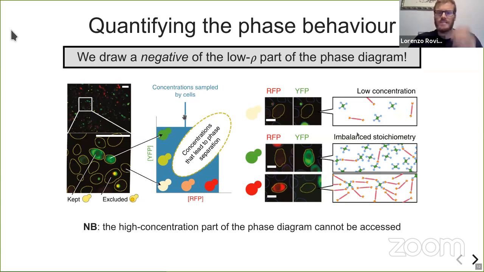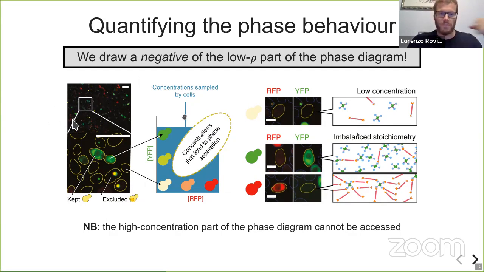So the phase diagram tells us where the system is unstable, where there is phase separation. What we do here is we map the negative. We take a picture like this one, upper left, with a lot of cells, thousands of cells. I think each phase diagram was done out of 5 or a few thousand cells. All of this procedure is automated.